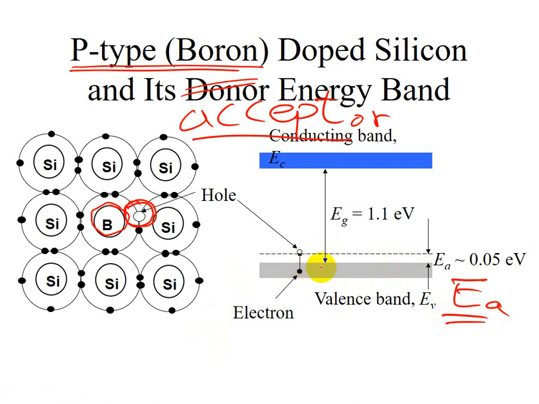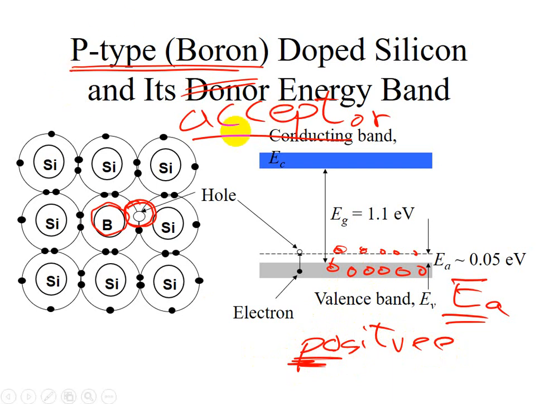So an electron is much easier to jump to the acceptor level, creating a hole behind, and all these holes can contribute to the conductivity, with the hole being a positive charge. So we call this p-type semiconductor.